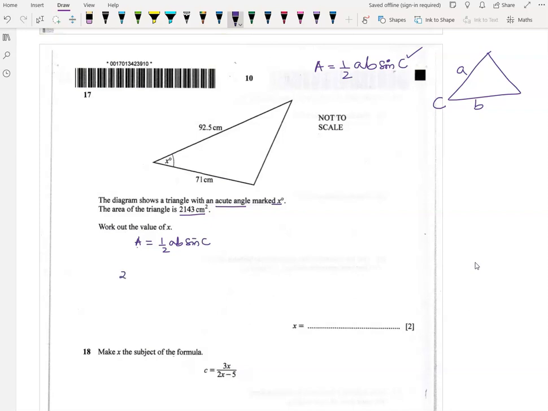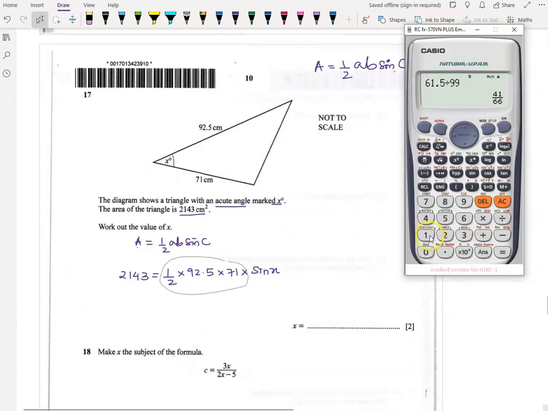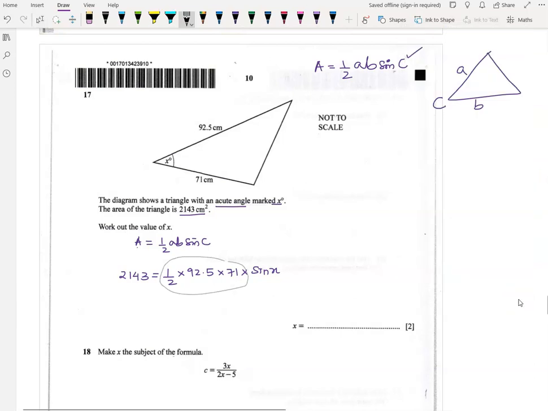The area is 2143. Half, the two sides are 92.5 and 71, and the sine of the angle is sine x. What we'll do is find this value, half of 92.5 times 71. So half times 92.5 times 71 gives you 3283.75.